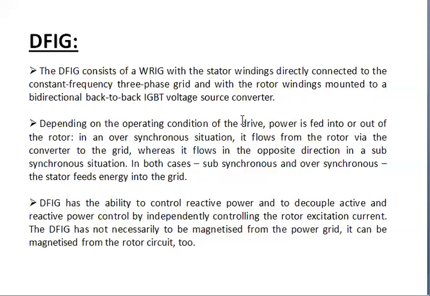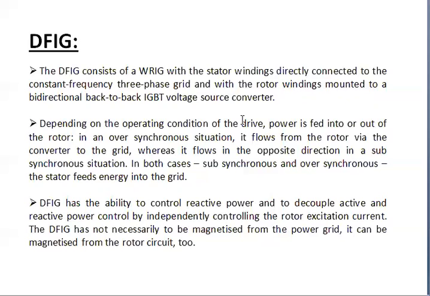So both during normal operation and faults, the behavior of the generator is governed by the power converter and its controls. The power converter consists of two converters, the rotor side converter and a grid side converter, which are controlled independently of each other.